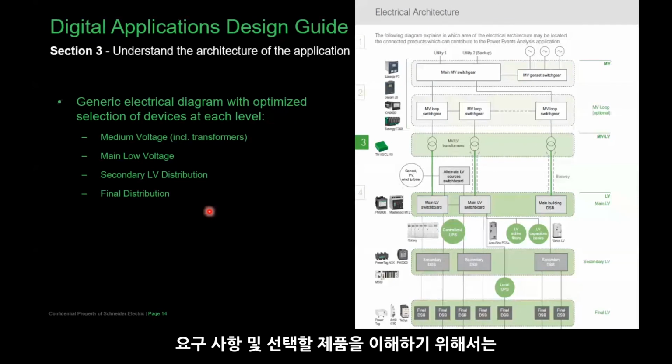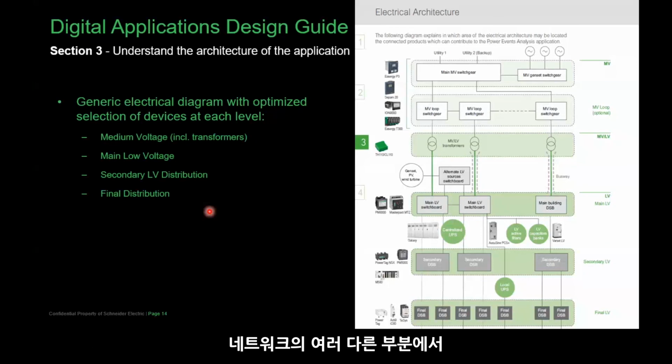In order to understand the requirement and the selection of products, it's really important that at different parts of the network, you know what the devices are required to produce, whether purely for energy management, looking at kilowatt hour, voltage, power, these kinds of parameters, or really looking at power quality.